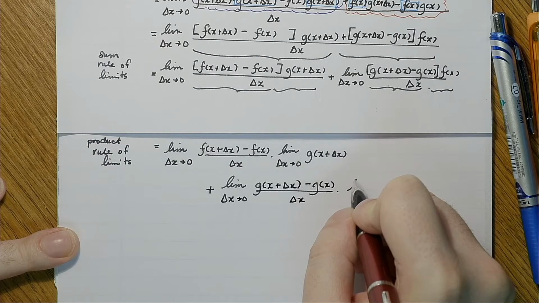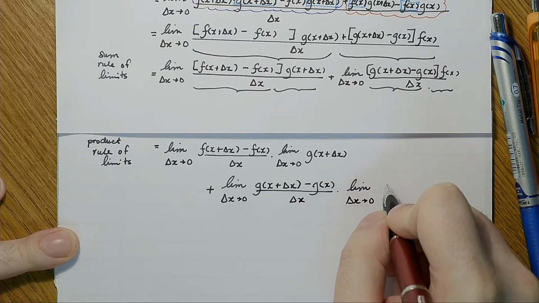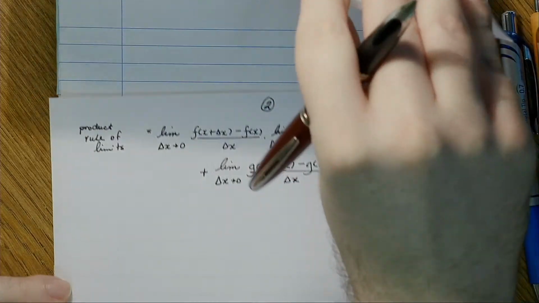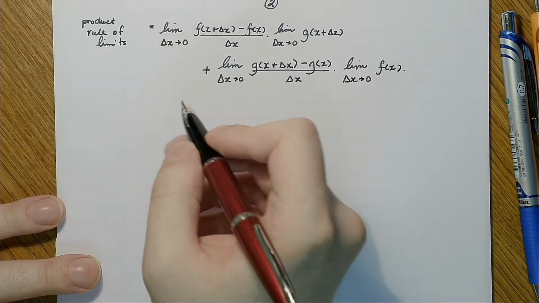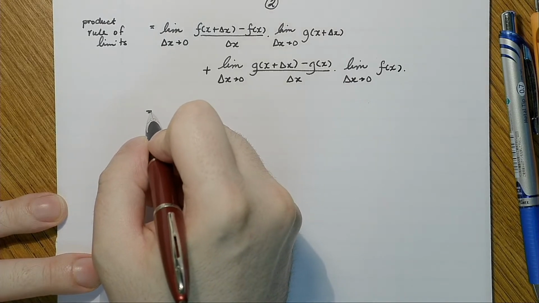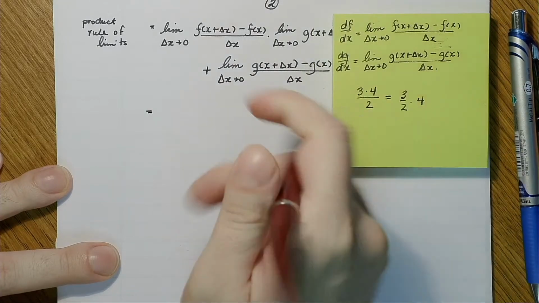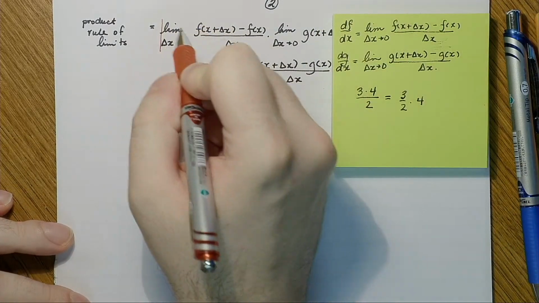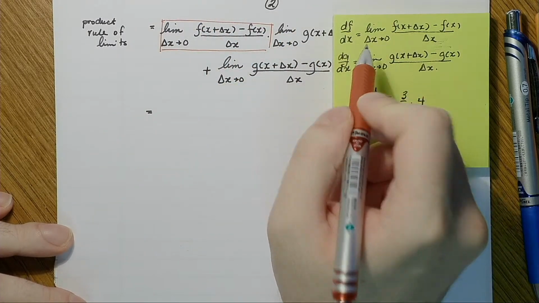Same thing, and split that up. Now we have this right here. We immediately recognize that that's our df.